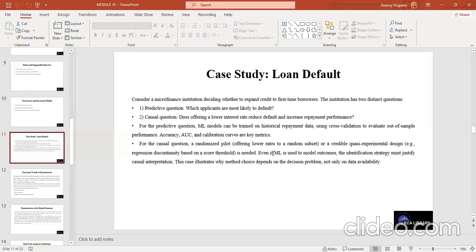Even if ML is used to model outcomes, the identification strategy must justify causal interpretation. This case illustrates why method choice depends on the decision problem, not only on data availability.